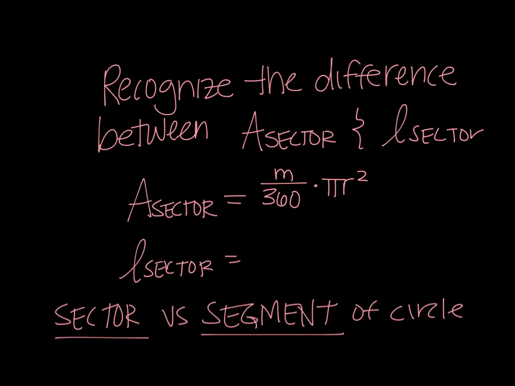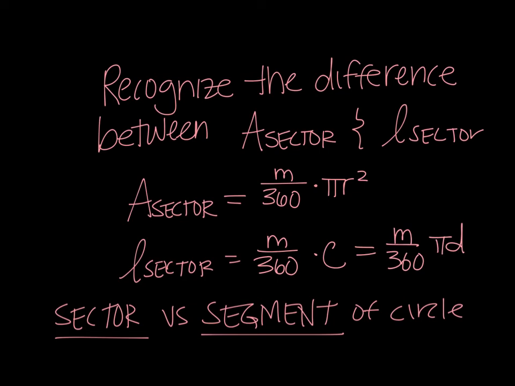On the other hand, the length of the sector is that same fraction out front, but we're multiplying it by C. Or we can think of it like measure over 360 times pi times d, or 2 pi r, however you want to think about it. But the important thing to recognize is that circumference is figuring out just the edge versus figuring out the area of the whole pizza slice.